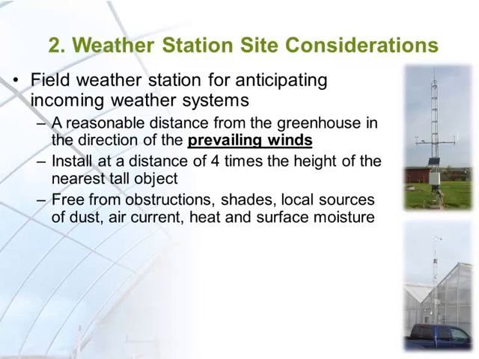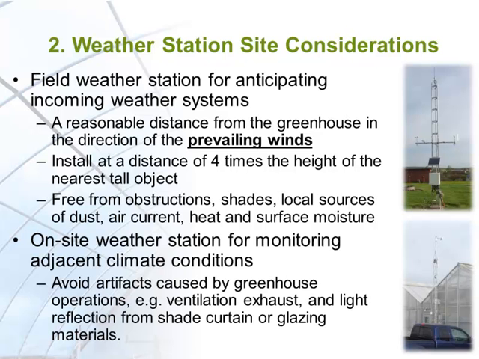It should be installed at a distance of 4 times the height of the nearest tall object. It should be free from obstructions, shades, local sources of dust, air current, heat, and surface moisture.